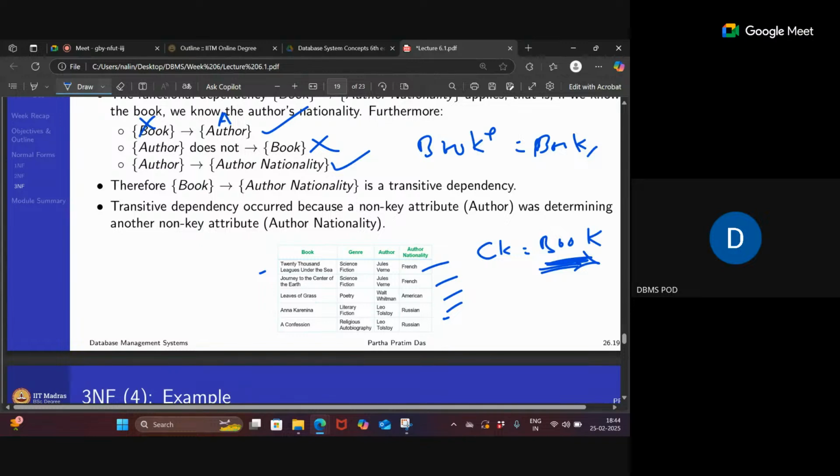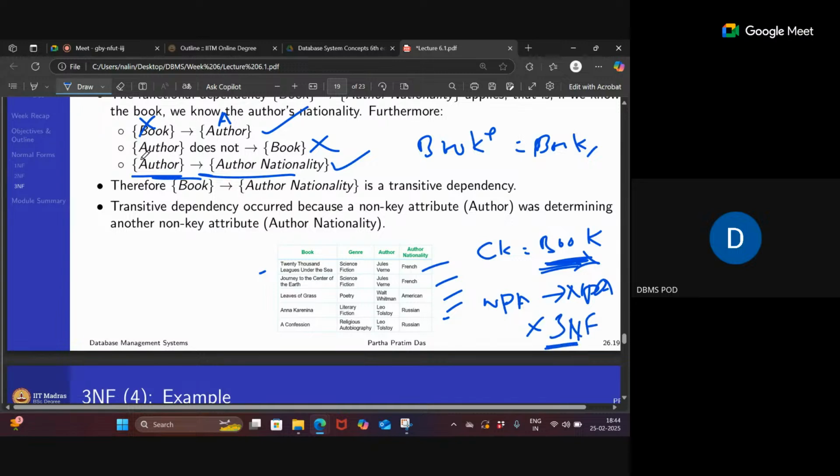Here it is a candidate key, so this is valid. And if we see this dependency, author determining author nationality, what is author and what is author nationality? Both are non-prime attributes. A non-prime attribute is determining another non-prime attribute. So this relation is not in 3NF.